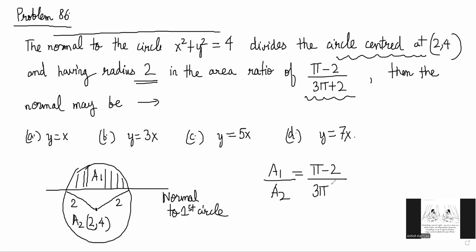So let's try to figure out what we can do from this much information. We need to figure out the angle subtended by this chord at the center. Let's call this angle theta for now. And using that, we'll be able to figure out what information can be gotten from the area ratio. I'm drawing a bigger figure here.